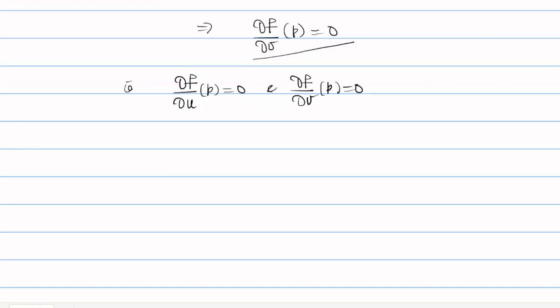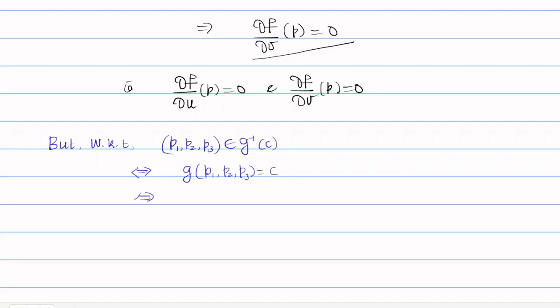Okay, but we know that if p1 comma p2 comma p3, this fellow belongs to g inverse of c ஆக இருந்ததுன்னு வச்சுக்கோங்களேன். So this implies that this is if and only if g of p1 comma p2 comma p3 is equal to c.